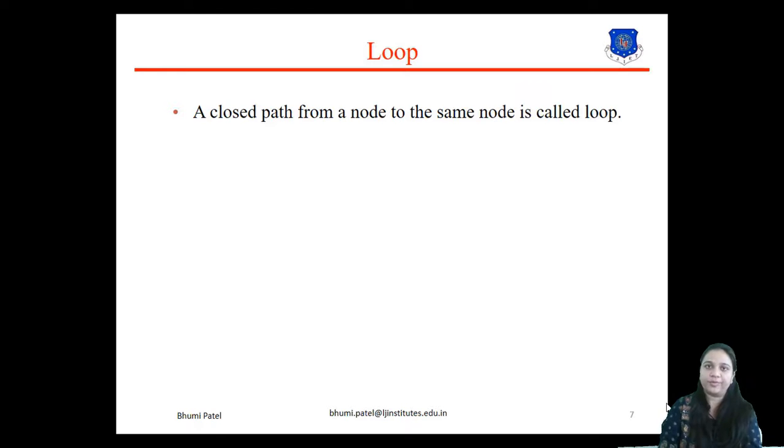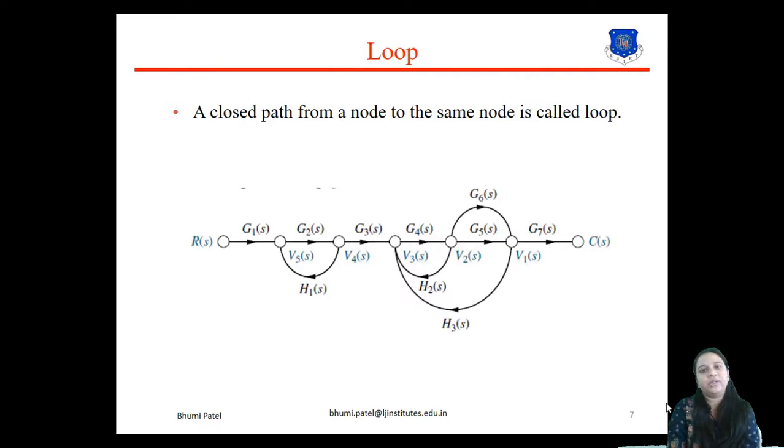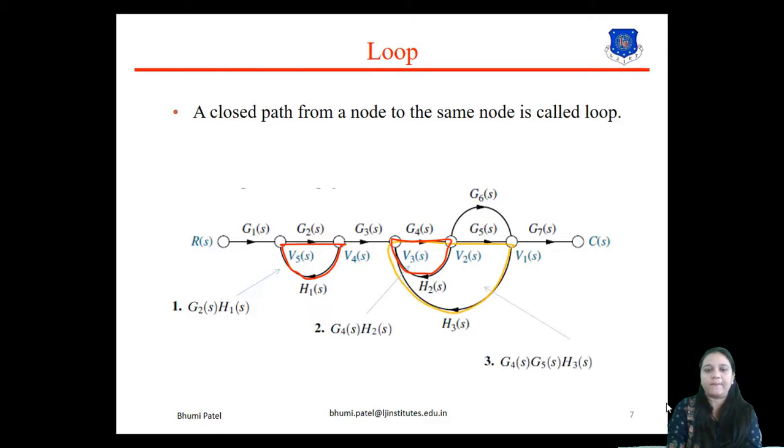Next terminology, what is a loop? A closed path from a node to the same node is called a loop. You can see in this diagram, the first loop is G2(s) H1(s). Second one is G4(s) H2(s). Third one is G4(s) G5(s) H3(s).